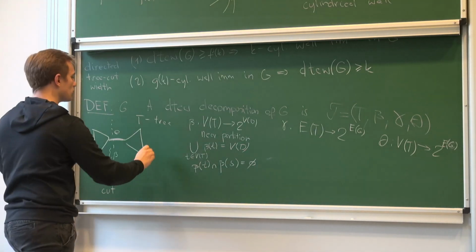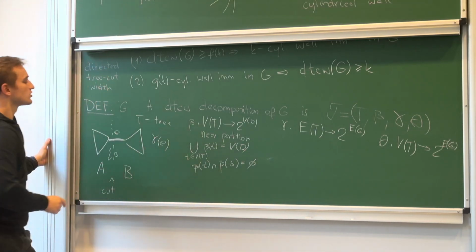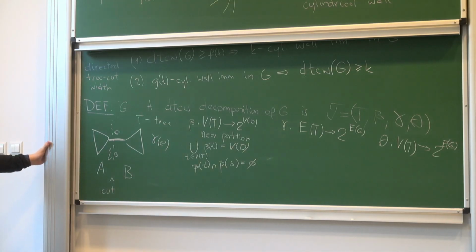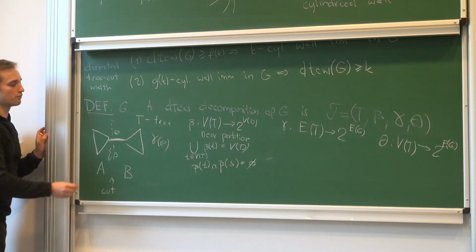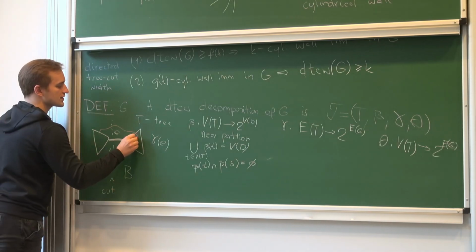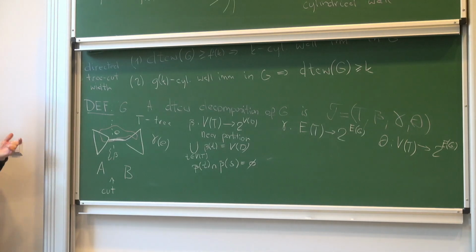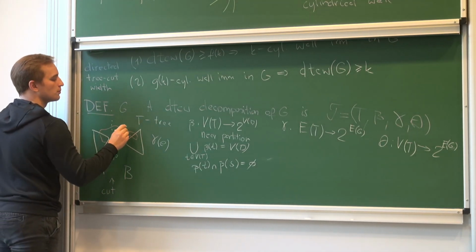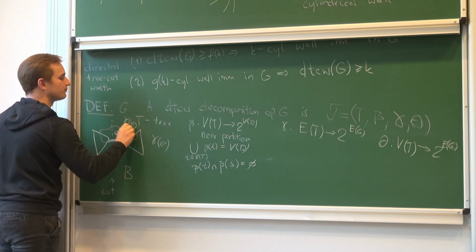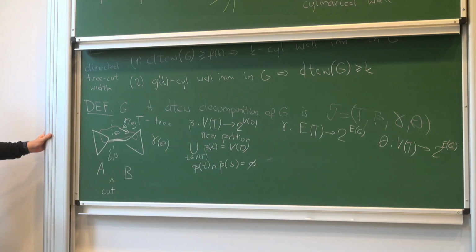So what is the property of gamma? This is a hitting set for all cycles that contain a vertex of A and of B. So in my digraph, I see a cycle that goes somewhere like this. So one of those edges must belong to gamma. Okay. Is this part clear so far?